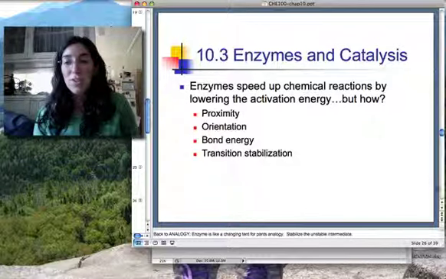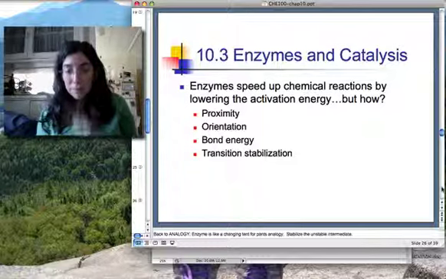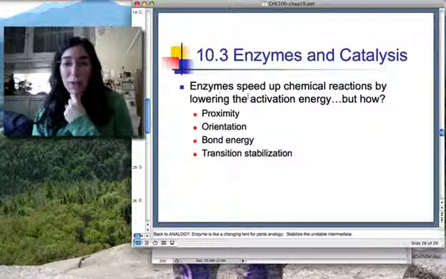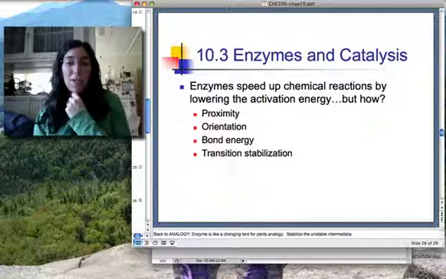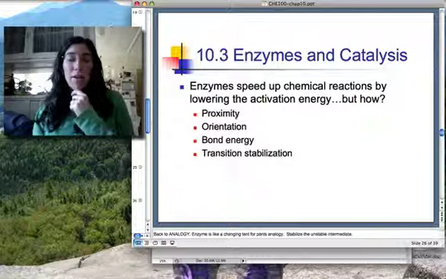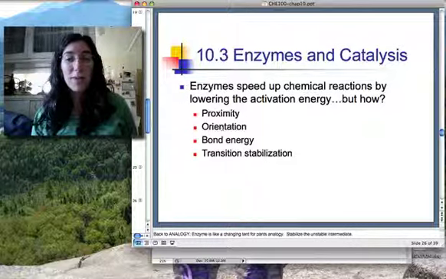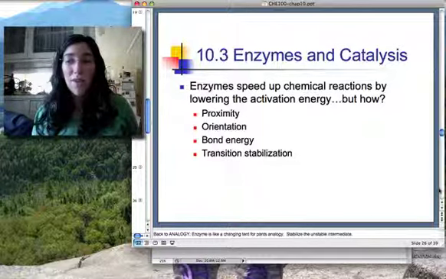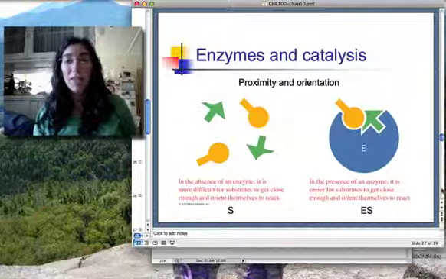They can change those sort of minimum requirements. So these are the different things we'll talk about. Enzymes can speed up chemical reactions by altering the proximity, orientation, bond energy, and transition stabilization of substrates in a chemical reaction.